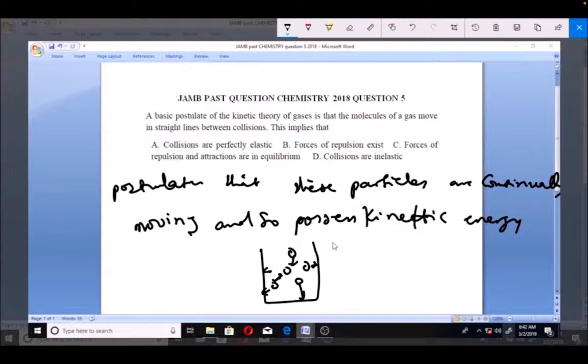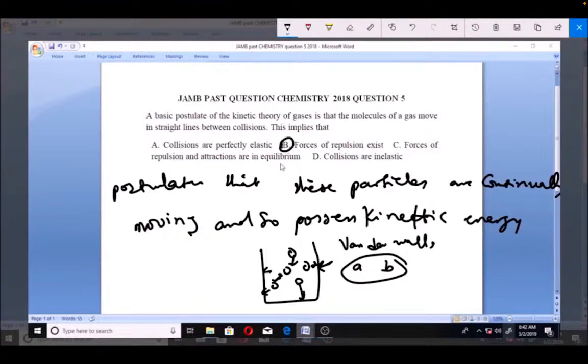If you check out things like the Van der Waals equation for solving gas movement, you're going to find out that there is a correction due to volume and a correction due to force of repulsion, a and b. So all these point towards the fact that forces of repulsion exist.